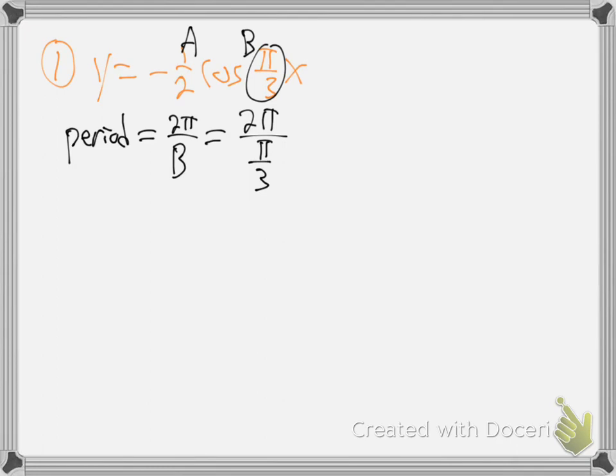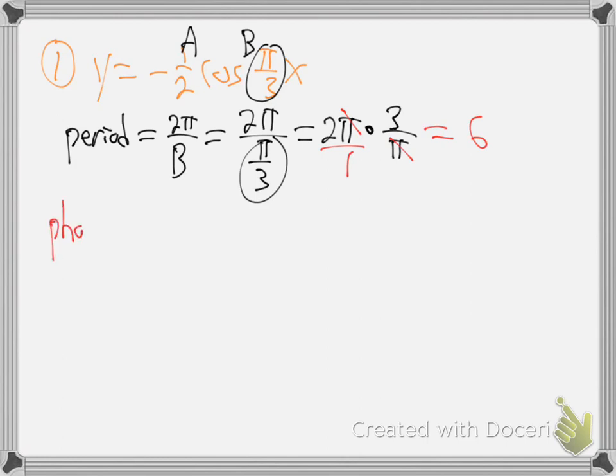So now, what do we do? That's kind of weird looking. The fraction on the bottom flips up because dividing is upside down multiplying. So that's 2 pi times 3 over pi. Is that good there? And then this is over 1. These cross cancel. 2 times 3 is 6. So the period is 6.